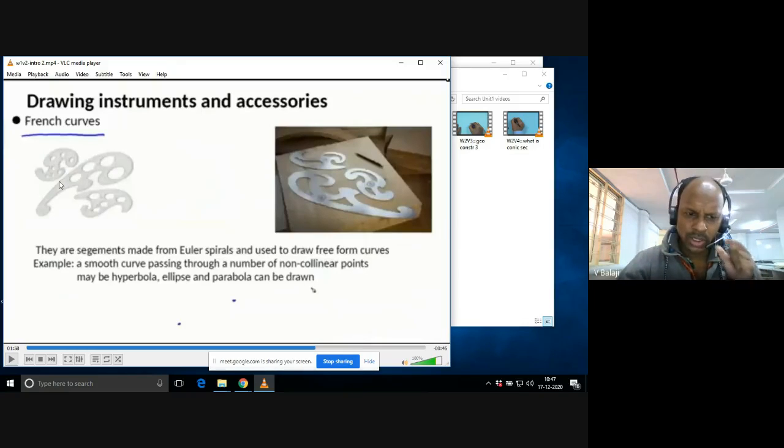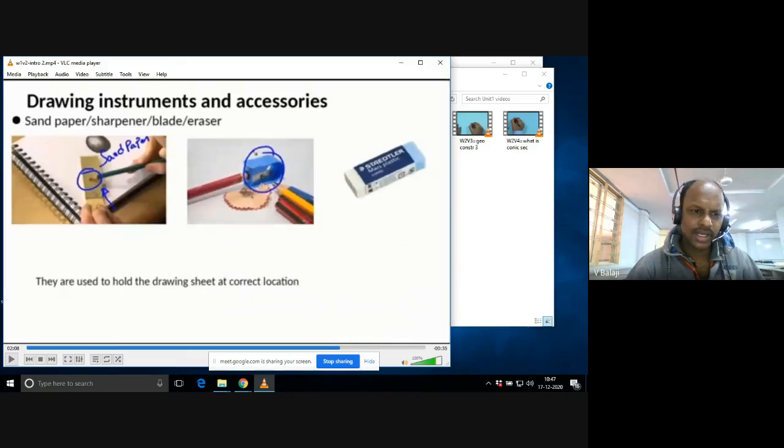Freehand only you need to draw. Don't buy these French curves. Okay. And sharpener, pencil, eraser, these are common things, right? Earlier, sandpaper was used to sharpen pencils, but nowadays sharpeners are there. You can use either of these things.